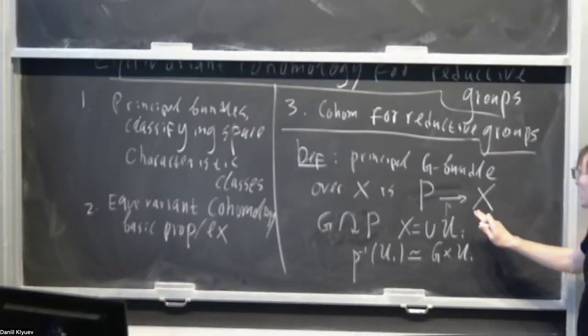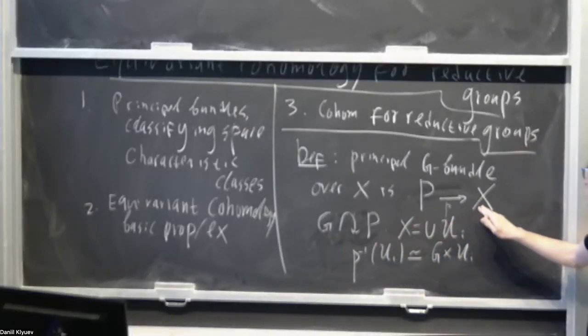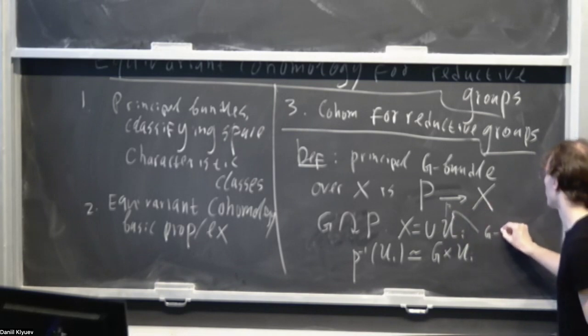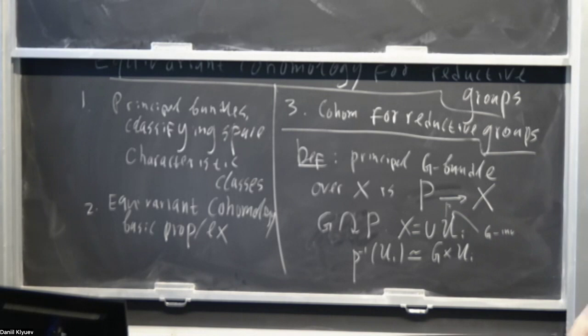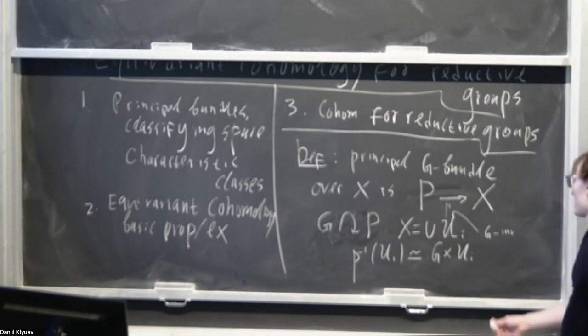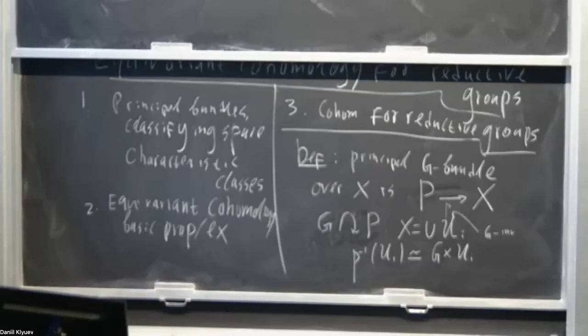So G acts on P, G acts on X trivially, the map P to X is G invariant. It sends all G orbits to the same point, and locally it's trivial. So locally, the preimage is just the trivial G bundle, the group G acting on itself at each point.